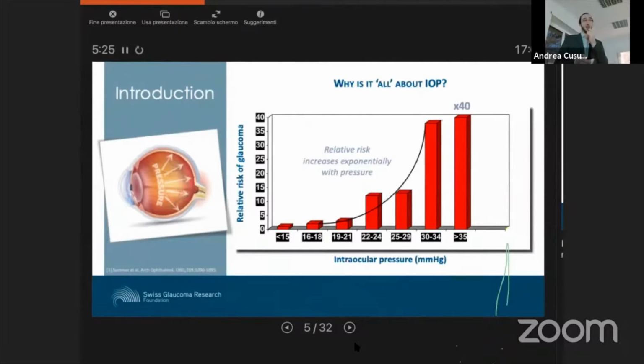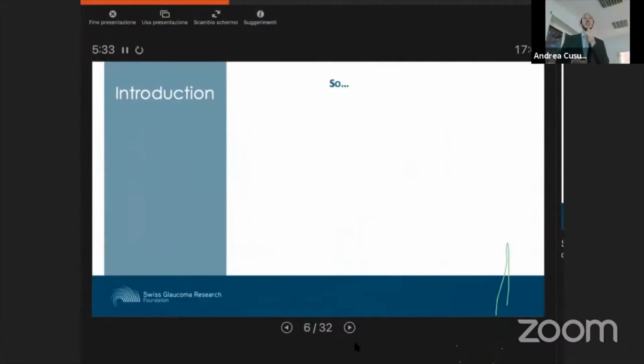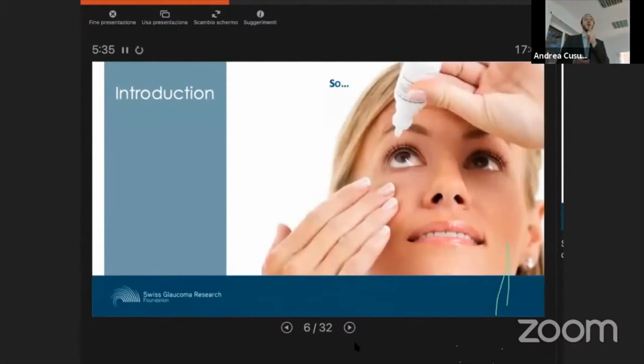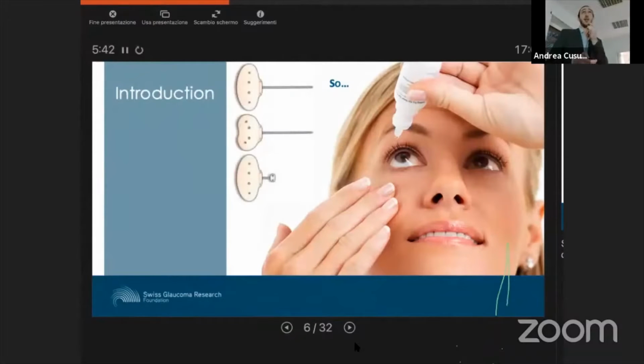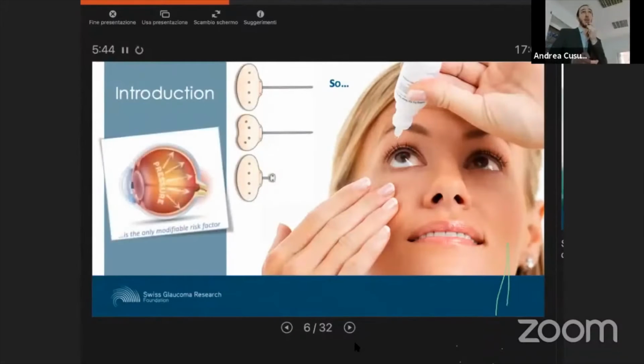So as you can see, 30 is fairly high. The risk of developing glaucoma is very much linked to the pressure. This is exactly why all the treatments we have in glaucoma, whether eye drops or surgery, all target the pressure, because the pressure is, in the current state of things, again, the only modifiable risk factor for glaucoma.